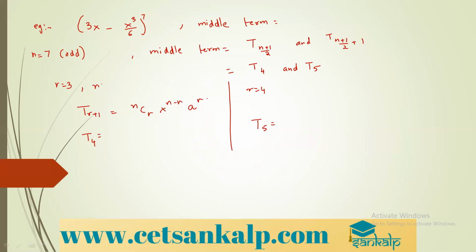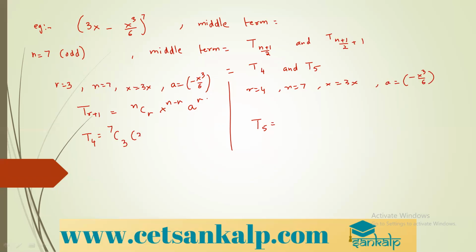In both, n is 7, x is 3x, and a is −x³/6. So I just have to put it in.